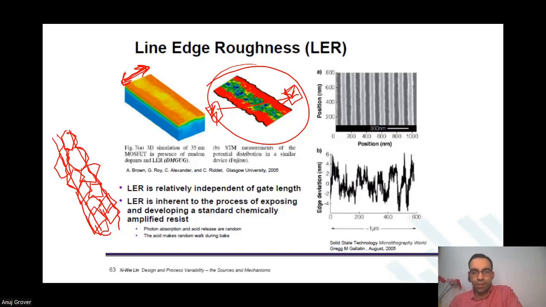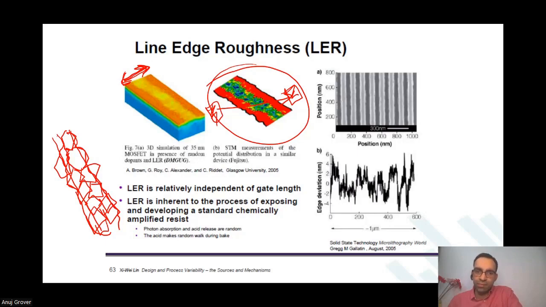Sir, it is written that LER is independent of gate length. So, sir, how is it causing variation? LER is independent of gate length, but it does not say that LER doesn't happen. If LER is happening, do you realize that gate length is effectively changing?